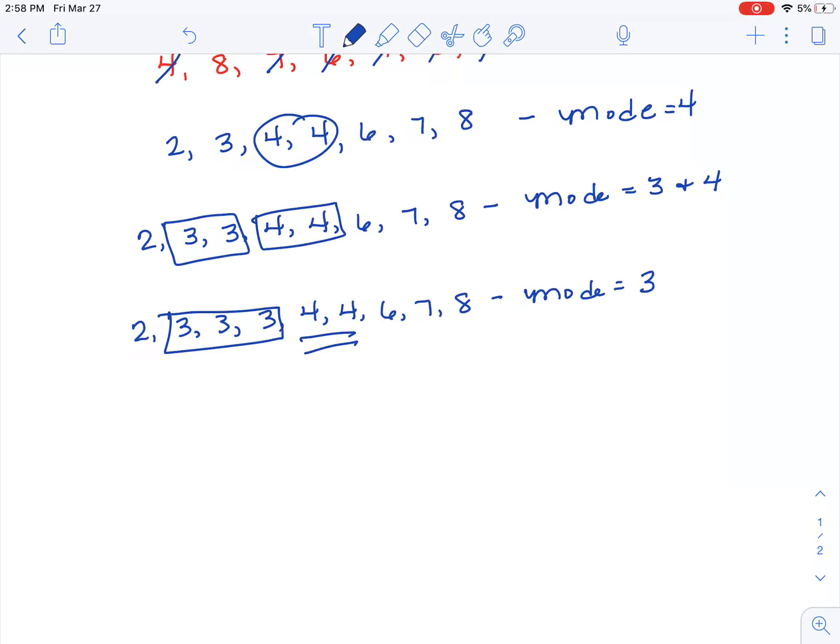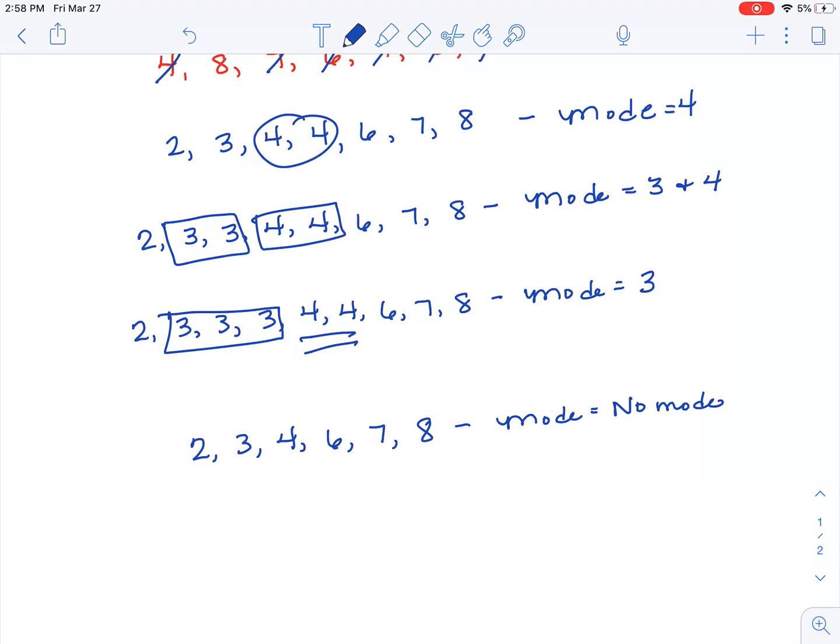What if, we're playing the what if game, what if your data looked like this? There's no number that happens the most. There's 1 2, there's 1 3, there's 1 4, there's 1 6, there's 1 7, there's 1 8. So what would be my mode? We would say there is no mode.